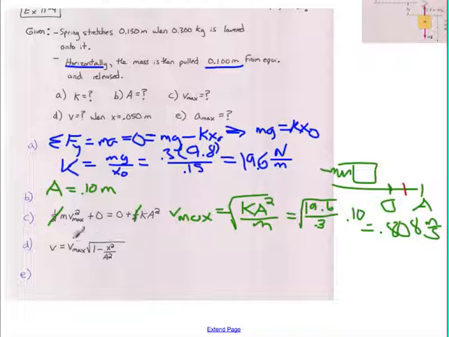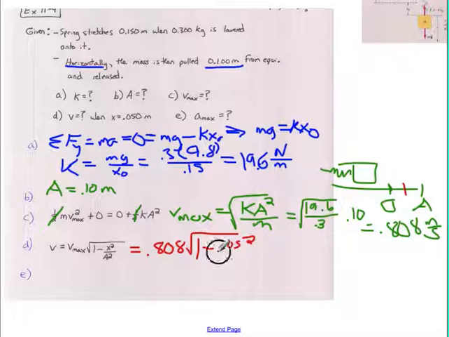Okay? So for that one, we're just going to use the equation we came up with. We're not going to rederive it. So let's just put the Vmax in there, 0.808. And notice you're always going to be subtracting something, so in the equation you can also see that it's going to have to be less than the thing you started with. Anyway, so 1 minus, they said, that's halfway back, right? 0.505, so 5 centimeters.